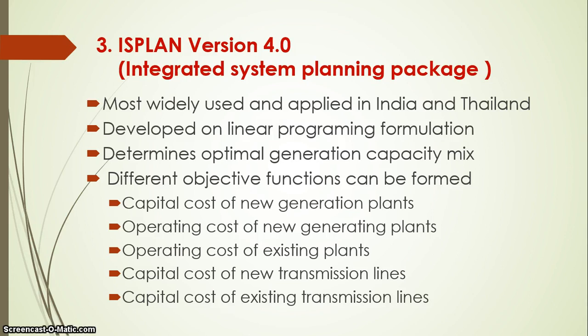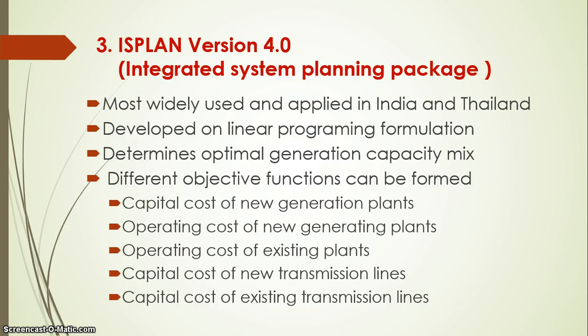These are some of the objectives that are performed using this software. Number one is capital cost of new generation plants, which may include the cost of land, the cost of equipments, then our depreciation cost, etc. Operating cost of new generating plant, it can calculate annual operating cost. So these 2 points are for new generating plants.